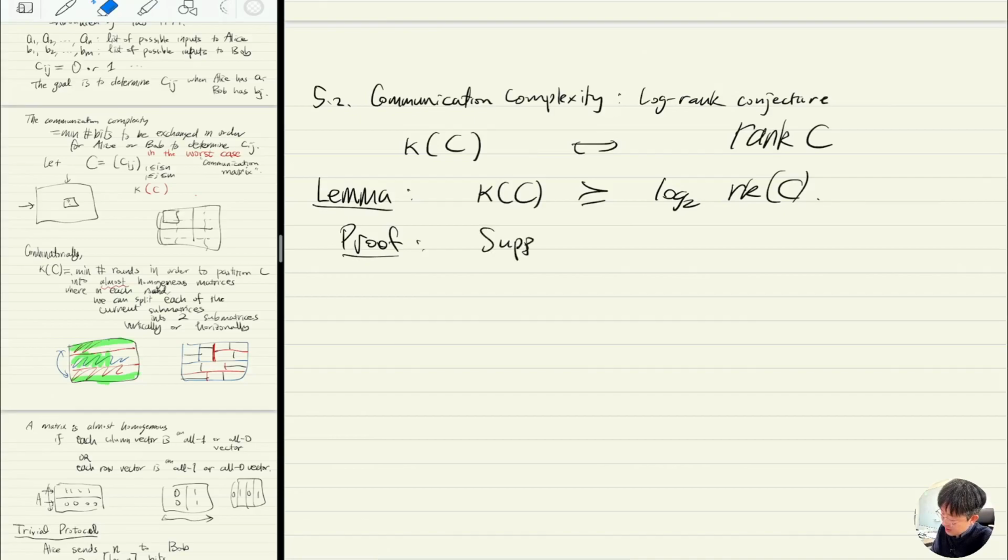Suppose kappa of C is T. Let's do induction on T. If T is 0, then it's trivial.